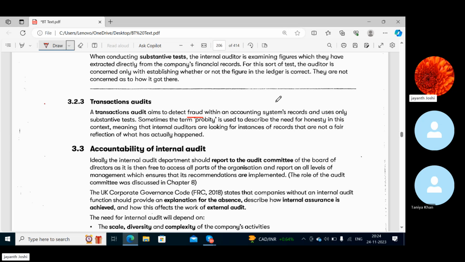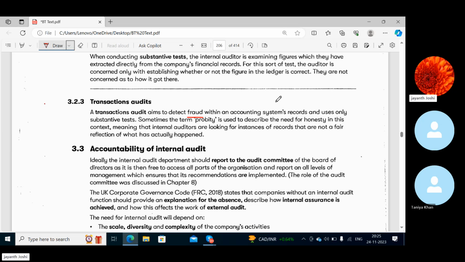So when the transactions audit is done, they try to see whether any fake transaction has taken place, or whether any fictitious customers have been created in sale and purchase transactions. So they try to detect fraud in this way and use only substantive tests.